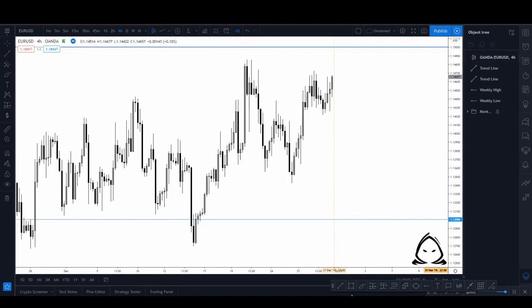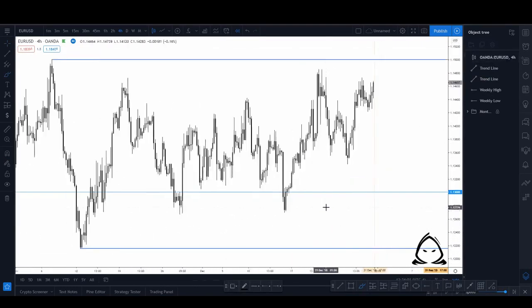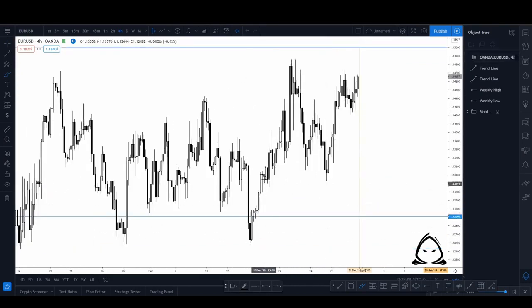We have created a bit of complex structure within this daily chart, but we've created an impulsive move to the upside, created a low, we broke this high here, and then we broke this high here, so we are trading in this overall range. Once we broke this low here, we created a high here as price went down, created a lower low and a lower high, but then we broke to the upside.